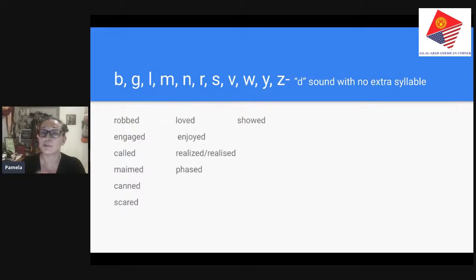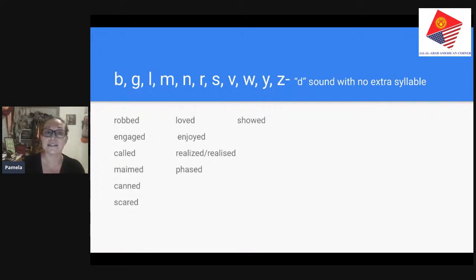realized. So we have both spellings, the British and the American. Realized, they both have the same pronunciation. Phased and showed. Okay, so that's how we want to pronounce those, with those letters that are at the end or with an E. So for example, love has an E after it.